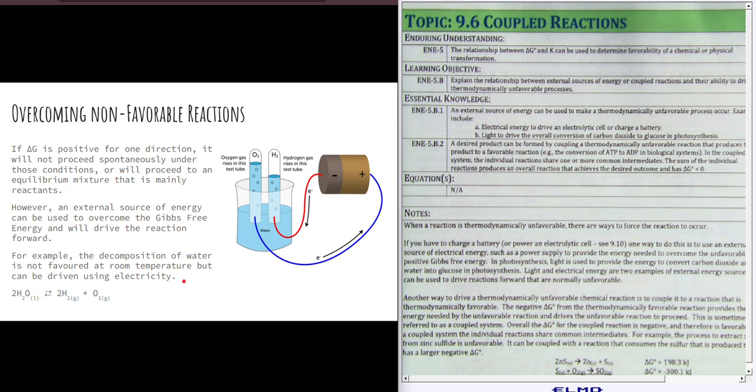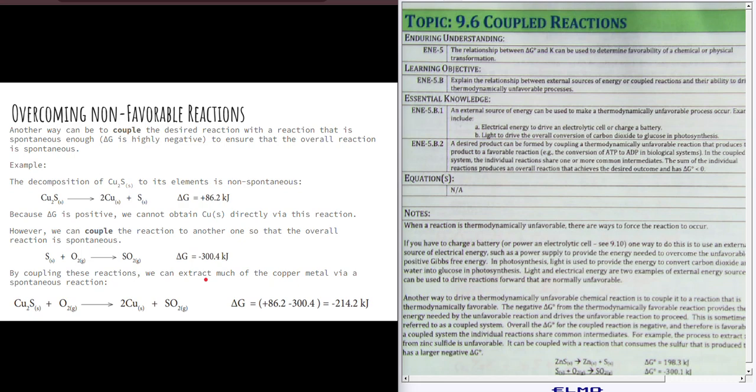All right? So it can cause water to decompose into its elements, but only with the use of electricity. It takes a good amount of energy, actually, for water to do that. So we have non-favorable reactions. That means positive delta G values. How do we overcome them?